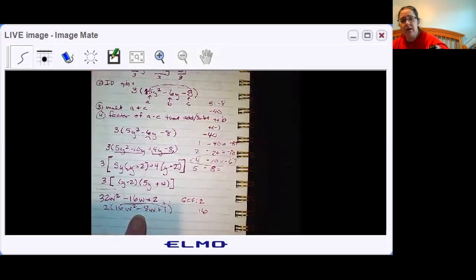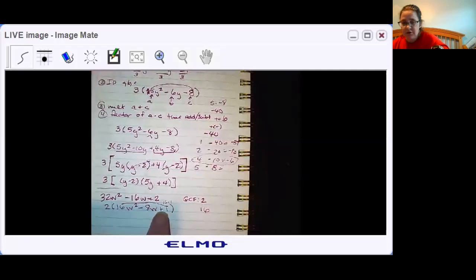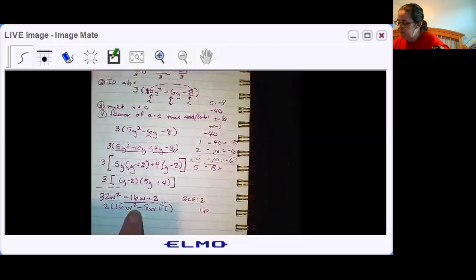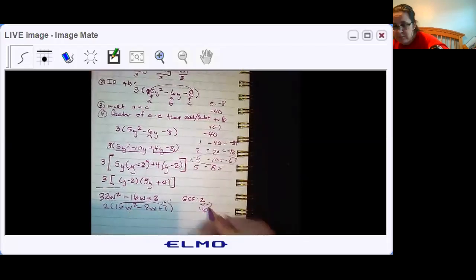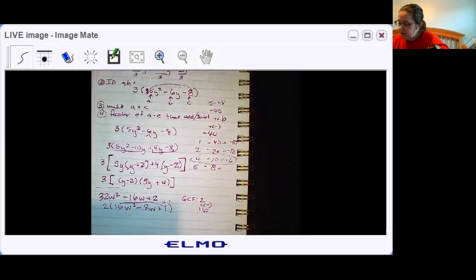Well, is this going to be a positive and a negative, or 2 negatives, or 2 positives? Here's your hint. This right here is positive. This right here is negative. If the ending's positive, both our pieces are the same, sign-wise. This in the middle tells me, because this is negative, both my factors are going to have to be negative when I come down to my adding and my subtracting.